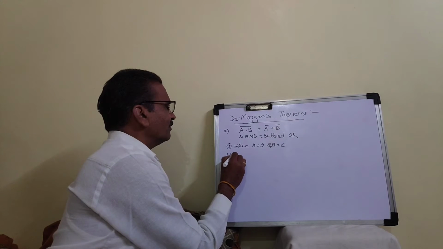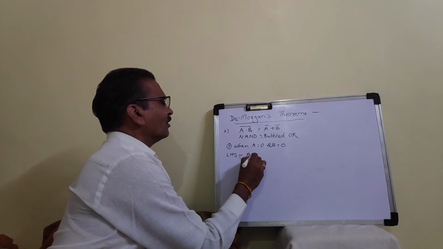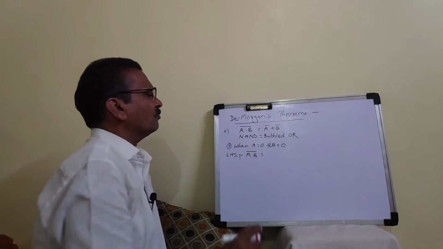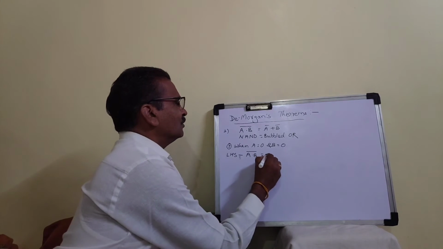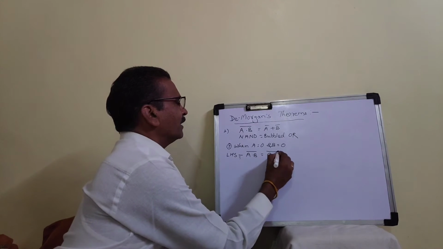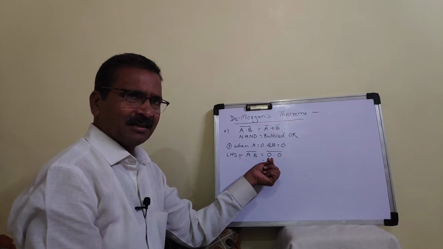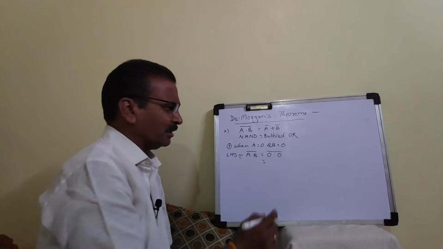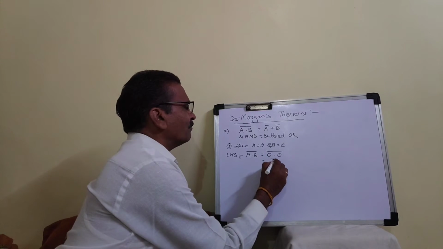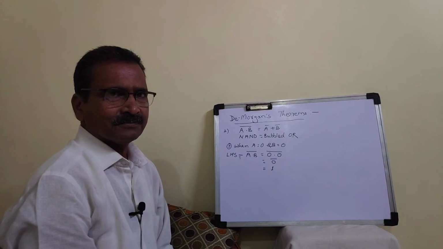Left hand side will be, that is A dot B whole complement. Now put the values of A and B in this, we get 0 dot 0 complement. Now make multiplication first. Dot indicates that here operation will be multiplication. So 0 multiplied by 0, that is our 0 complement. Take its complement, that will be 1.